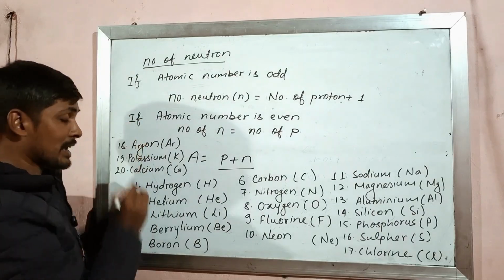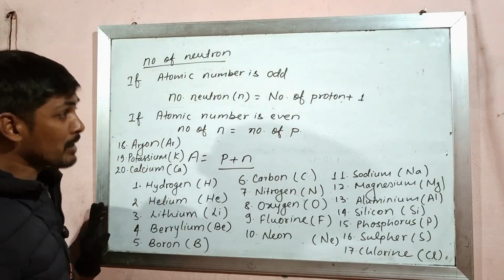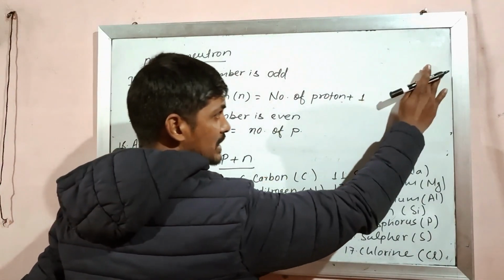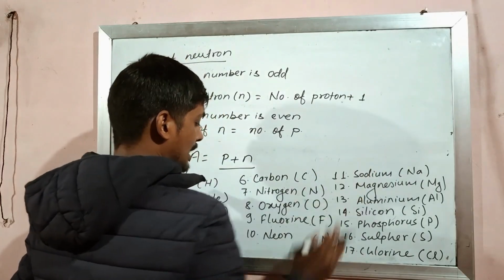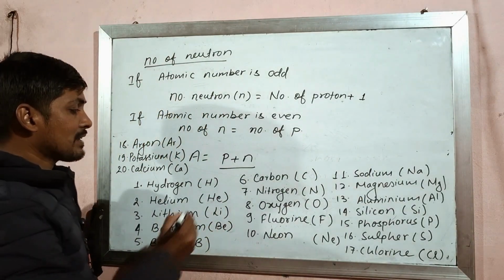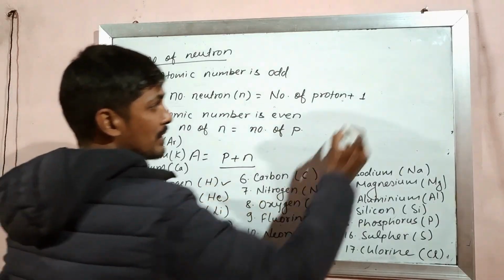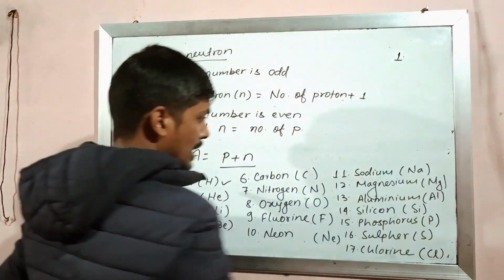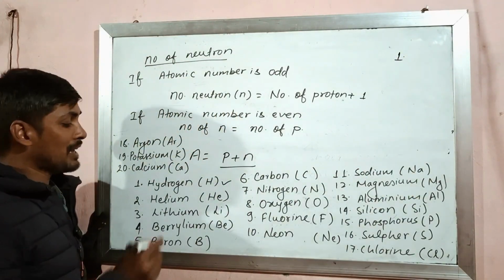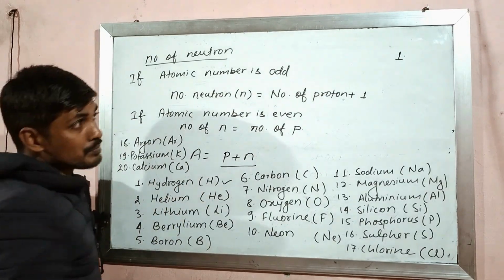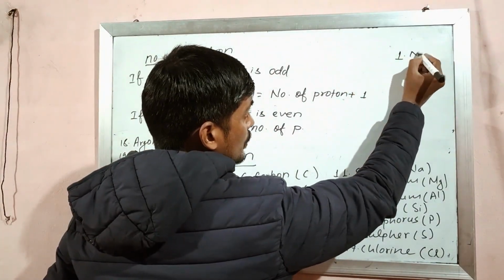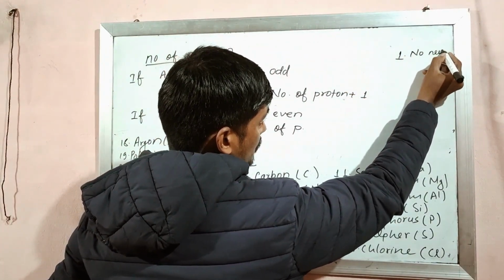This rule is applicable from 1 number to 20 number, but here we have some exceptions. I will write that in which element it do not apply. In 1 number, hydrogen. Hydrogen is the element where there is no neutron. In 1 number, no neutron.